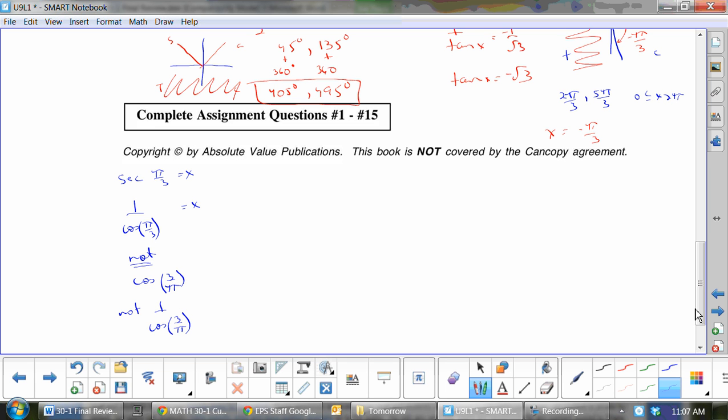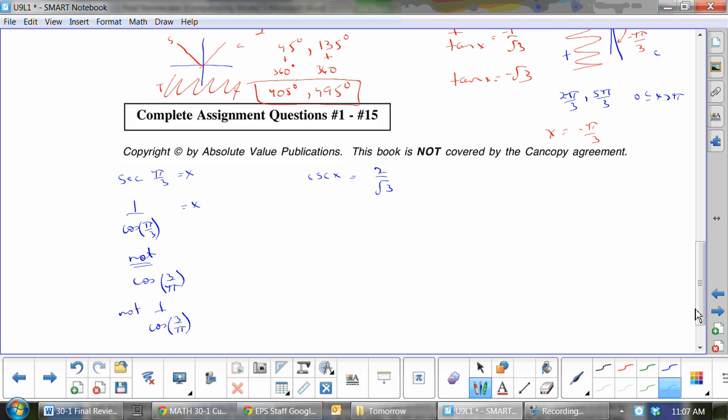Now, what if I gave you something like this? Cosecant x equals 2 over root 3. Do you see how these are starting to get mixed up with the other ones? Because people are like, what? Which ones do I flip?